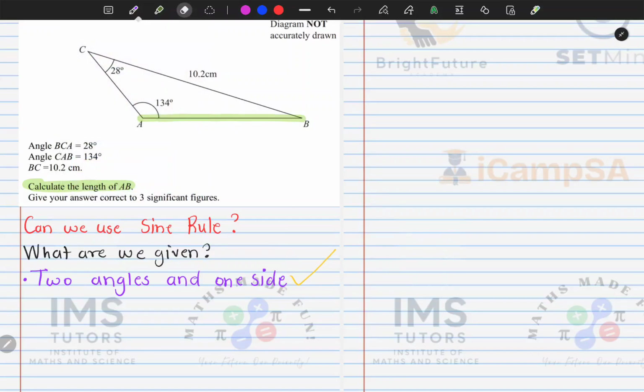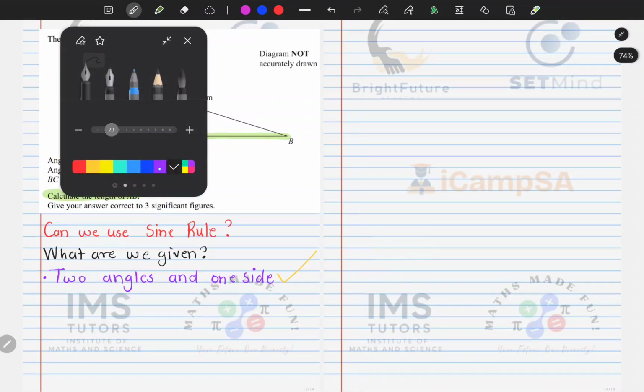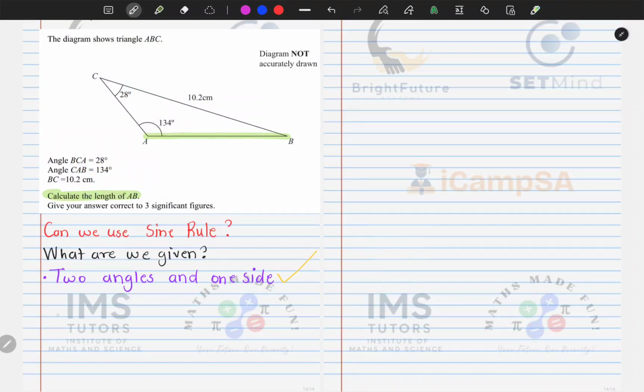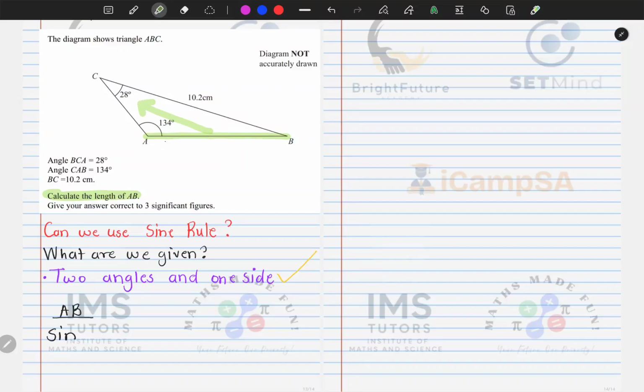So now let's put the sine rule in place. Remember, what we are looking for is AB. I'm going to put the sides at the top, so I'm going to say AB divided by sine of what is opposite that side, which is 28 degrees.